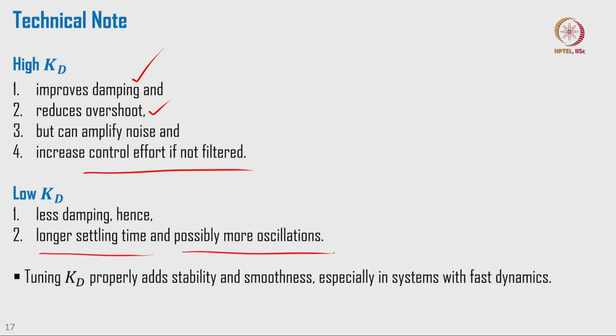So, tuning Kd is important for stability and smoothness, especially in systems with fast dynamics. When the system is inherently fast, then the damping should be better. However, if we have very high damping, then these kinds of problems can occur. So, we have to tune the PID controller with proper values of Kp, Kd and Ki.